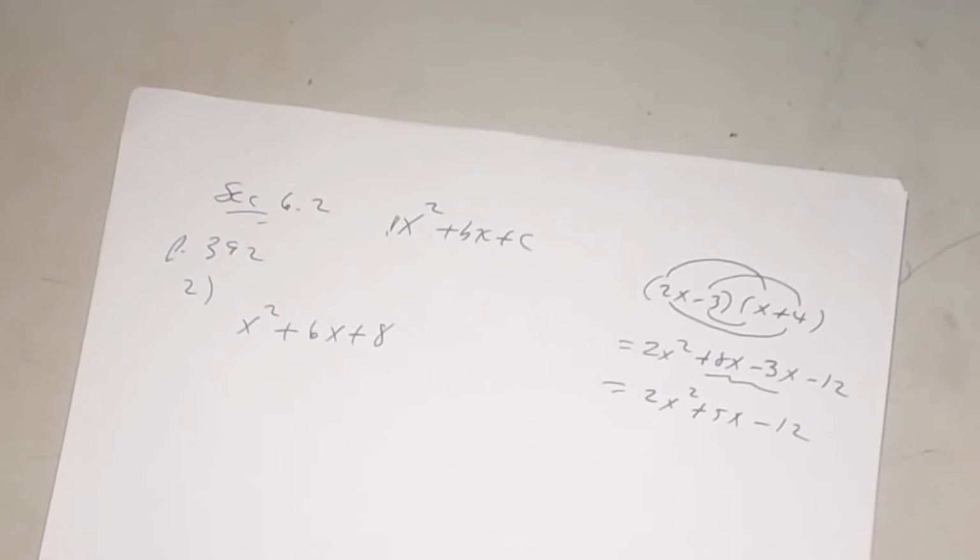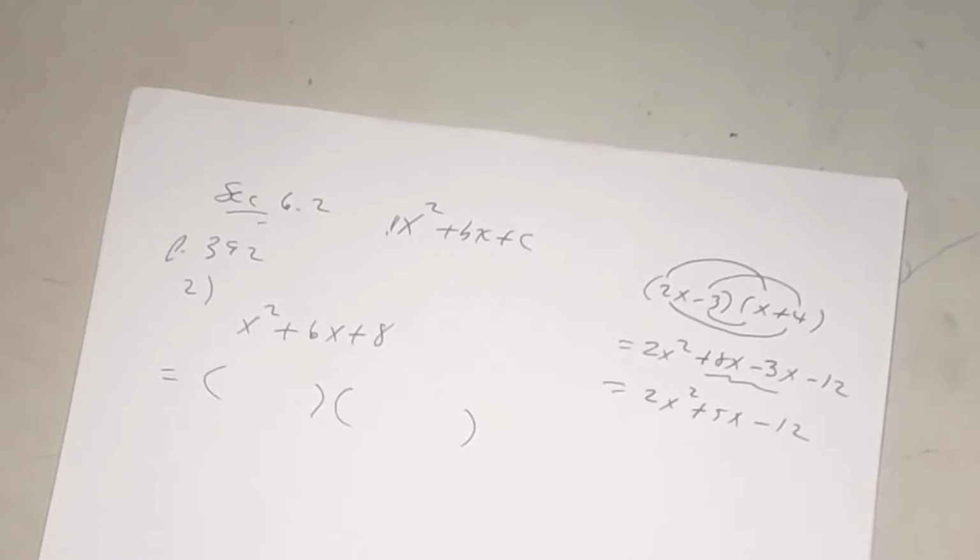Now, remember, always look for a GCF. What is the GCF here? 1. So there's nothing to pull out, correct? So now the next thing you want to do is factor this as 2 binomials, and that's where the FOIL will come into play. First thing you do is look for a GCF, just like we've been doing.